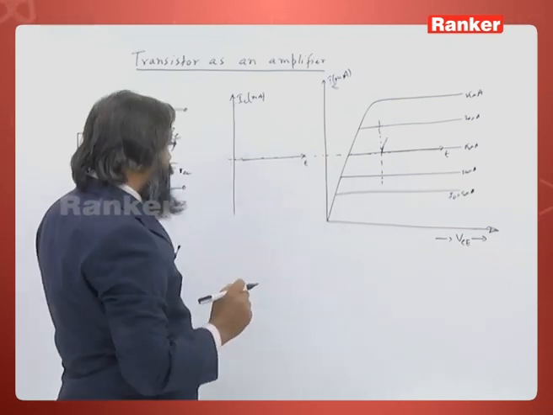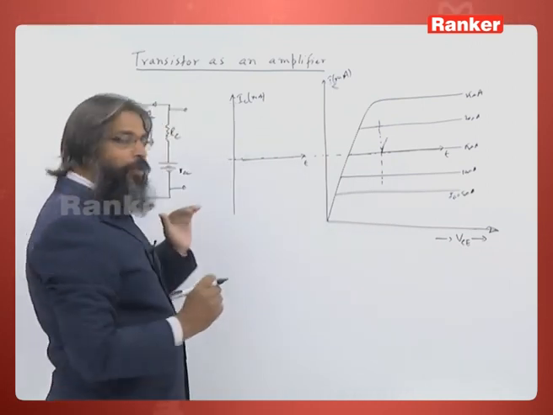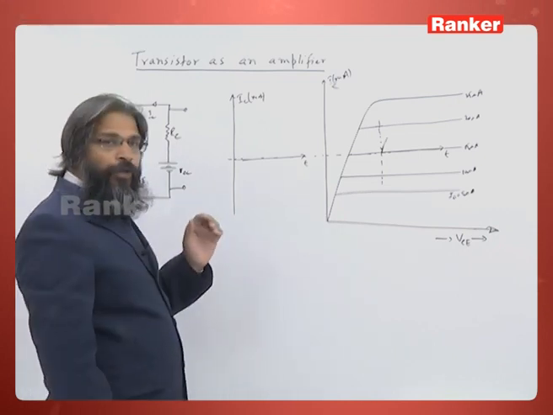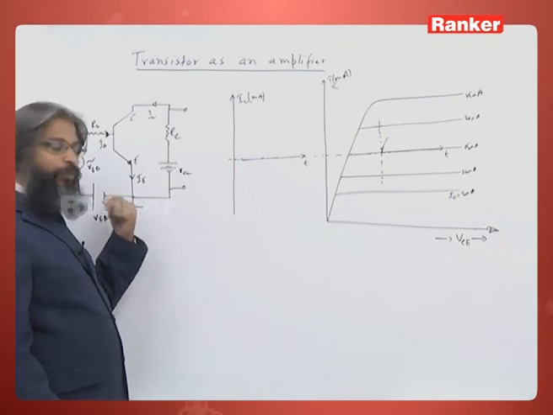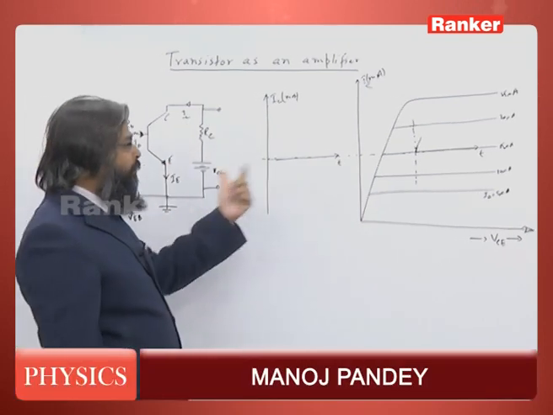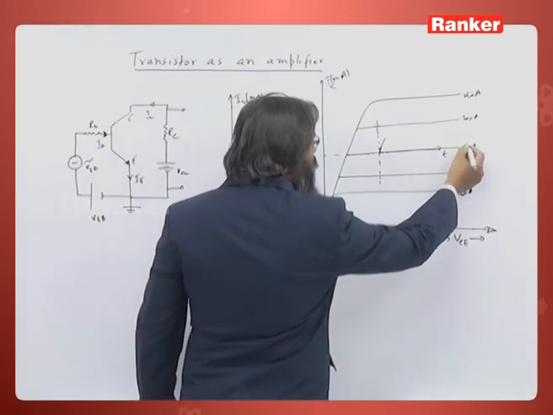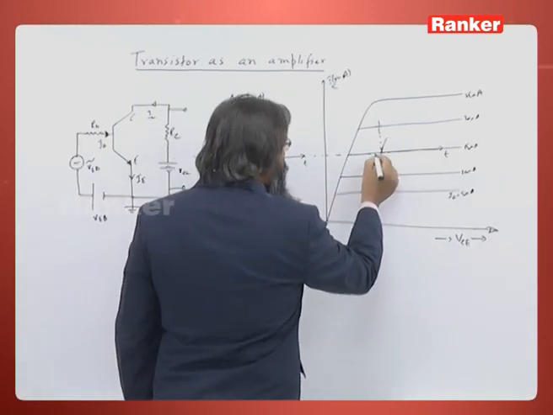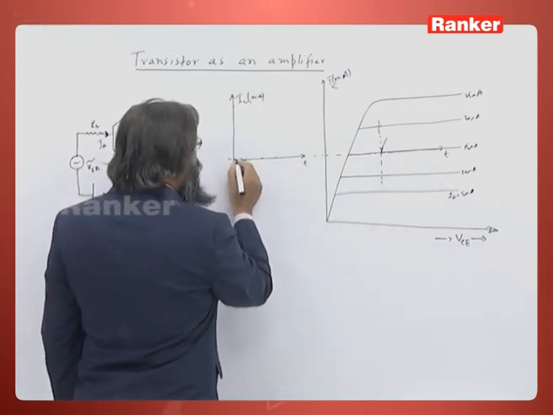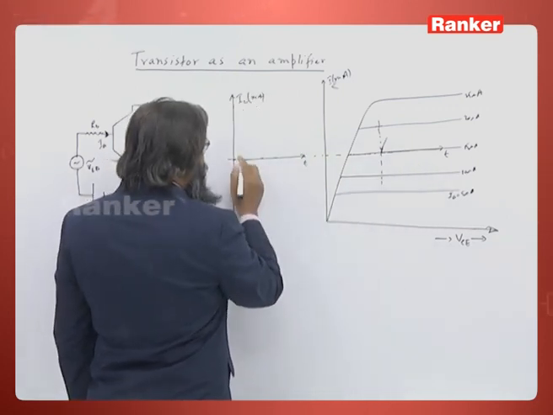Now, you see here, if there is no input signal given, then the DC voltage which we are giving here gives a corresponding current equal to 15 microamperes. That means corresponding to 15 microamperes, we will have this IC value.